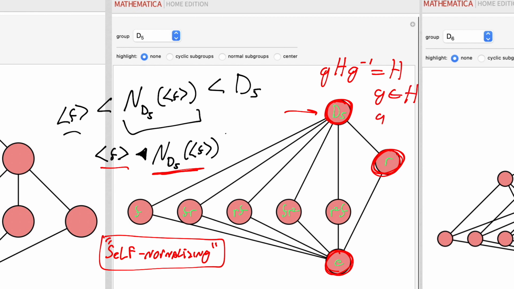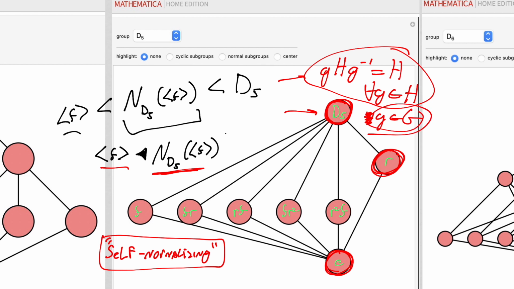Now, to be truly normal in the whole group, it would have to be for all g in G, but this is for all g in H. This is always going to be true for that restricted number, right? And the normalizer would be for all the g's for which this is true when you go through every g in the group itself, including g's outside of H.